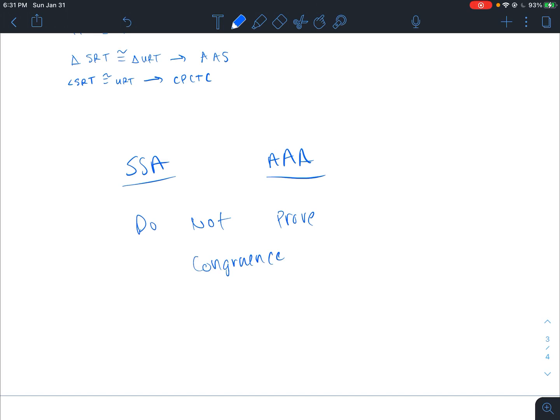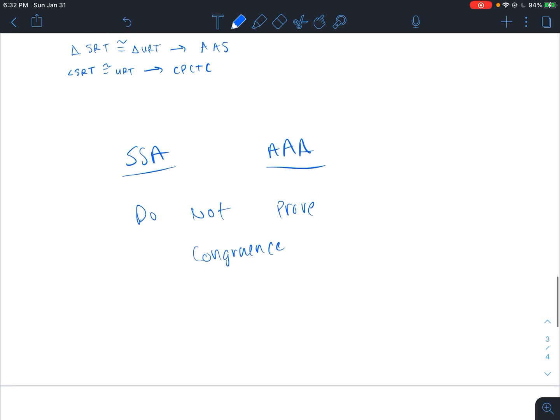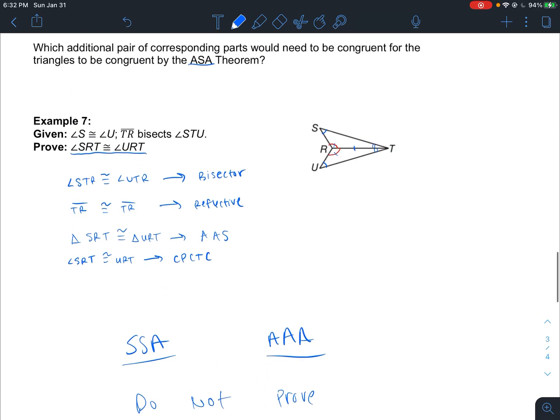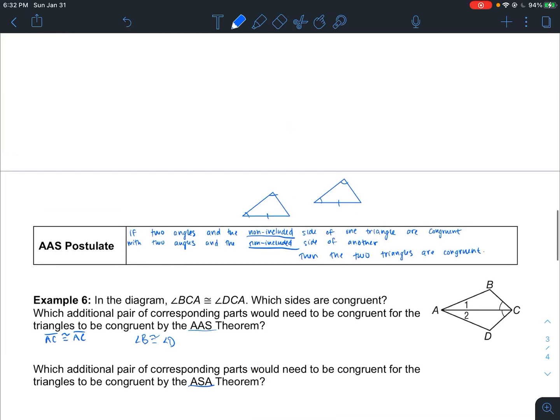So if you ever find yourself trying to write side side angle, or if you look at it this way, going from this letter to this letter to this letter backwards, which I'm not going to spell out on video because it'd be inappropriate, don't do either of those because these do not prove congruence.